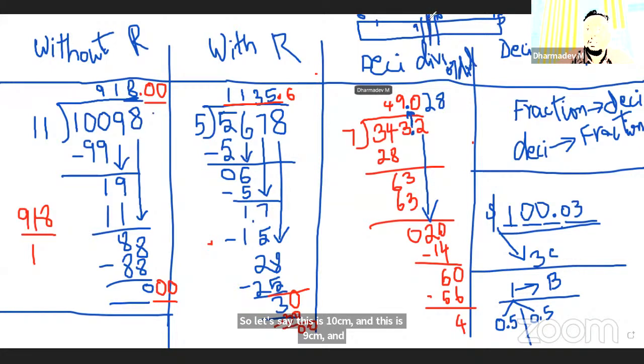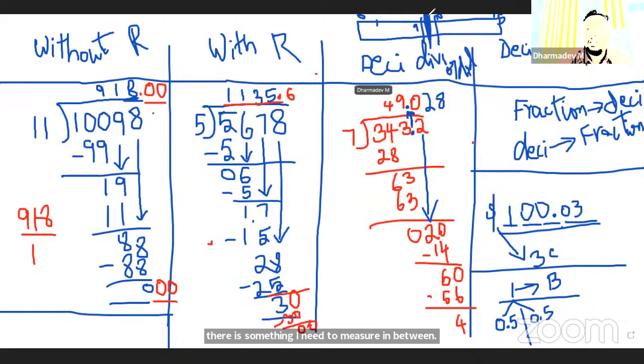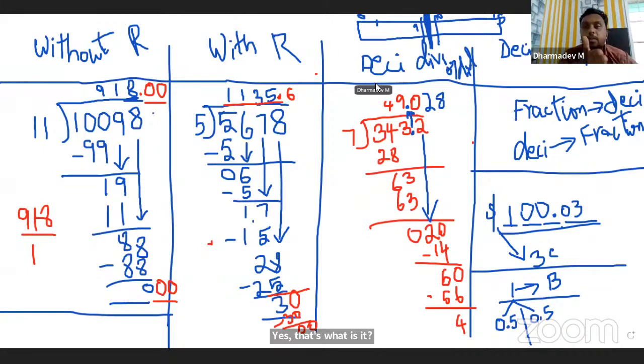Is it possible to measure between 9 and 10? Yes, that's what the decimal is. So 9, 9.1, 9.2, 9.3, 9.4, 9.5, 9.6, 9.7, 9.8, 9.9, and after 9.9 it becomes 10. Yes, exactly, the millimeters. As I go deeper, there are minute, small values.